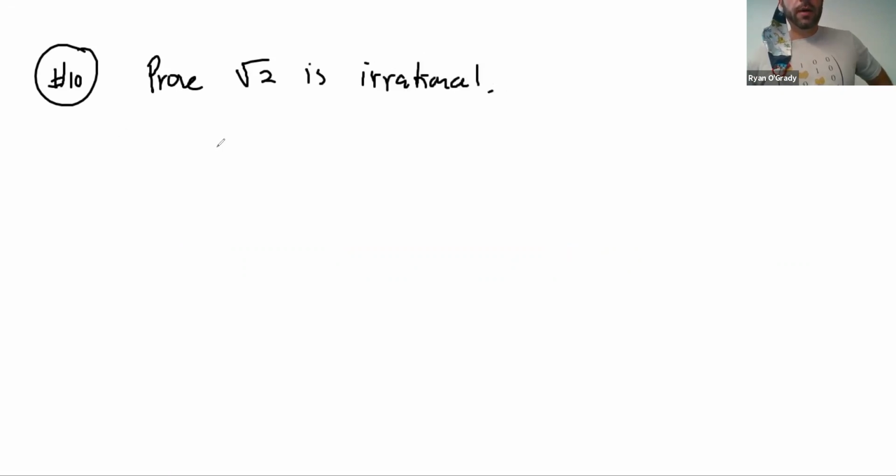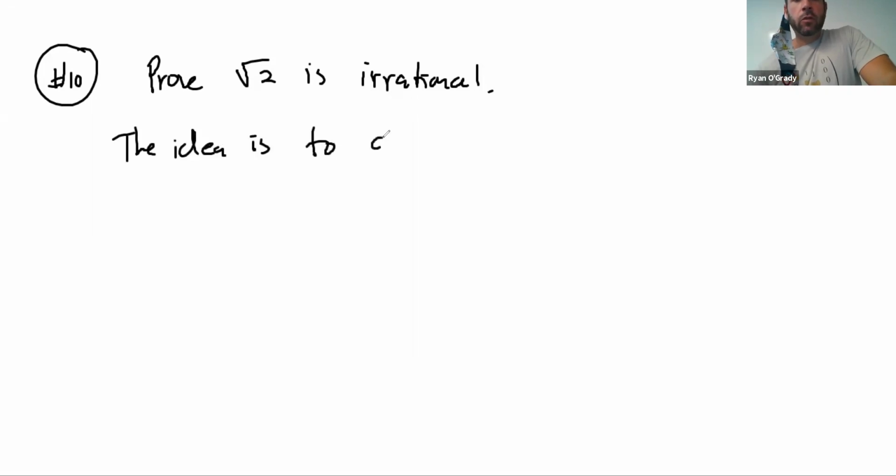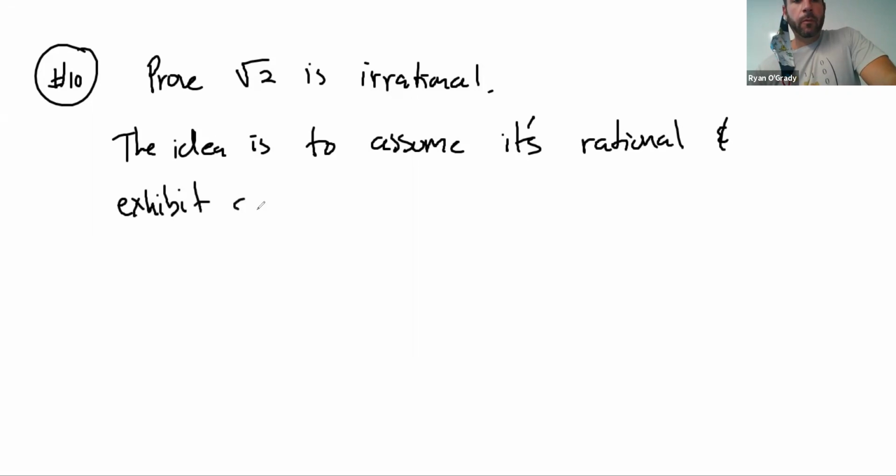And so we'll talk about this in depth on Monday, but the idea is to assume it is rational and exhibit a contradiction. So this is a famous sort of method of proof.